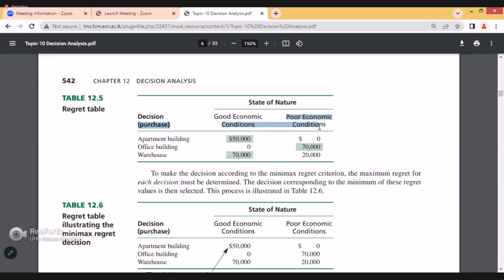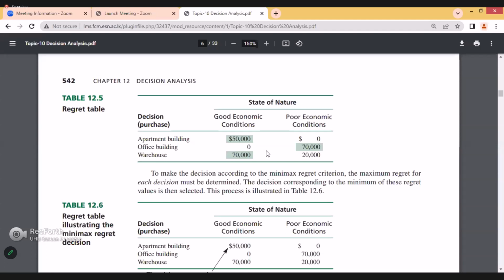Then likewise for poor economic conditions, comparing, the value is 20.